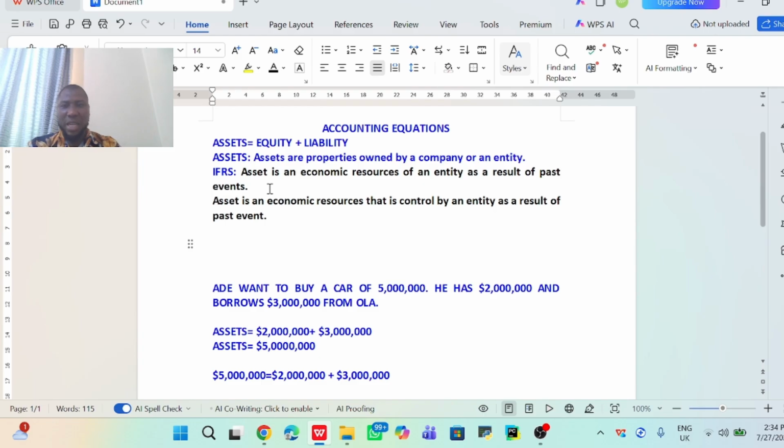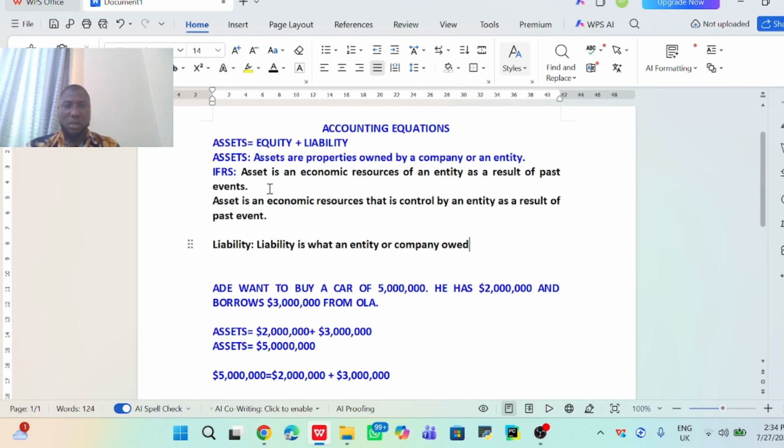So we have liability, right? Liability is what you owe someone. If you borrow money, it is a liability. Liability is what an entity or company owes.